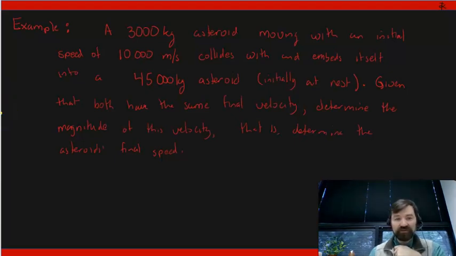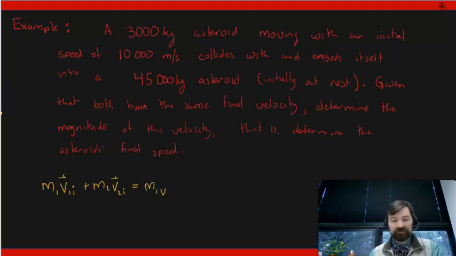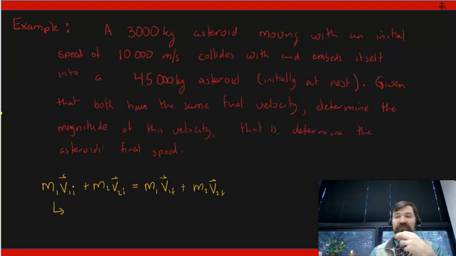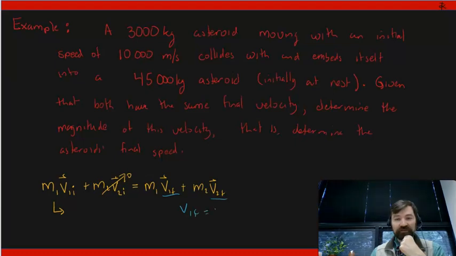So conservation of linear momentum says m1 v1 initial plus m2 v2 initial is equal to m1 v1 final plus m2 v2 final. In terms of the problem we have here, this term is 0, and v1 final equals v2 final.